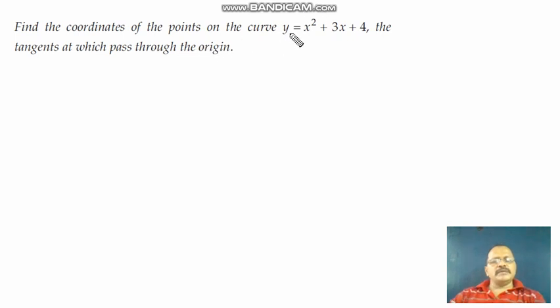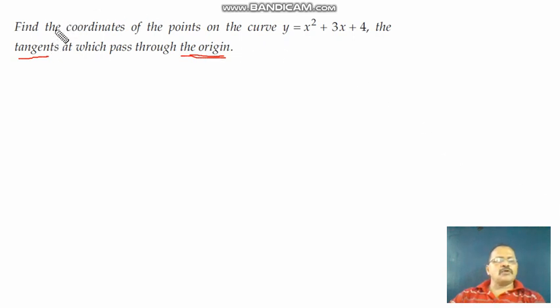This problem is similar to the previous problem. The only difference is that in that case, a line parallel to the tangent was given, but in this case the tangent passing through some particular point is given to us. This is the variation over here. The process is almost similar.